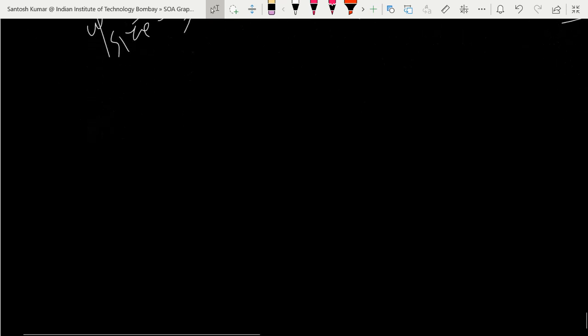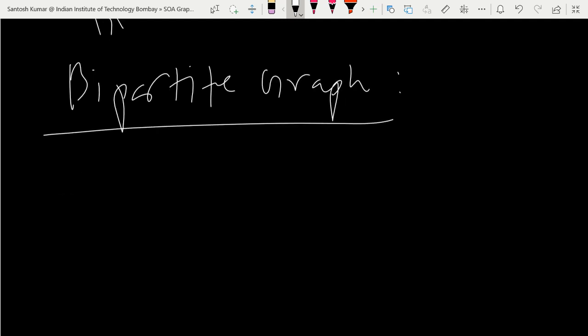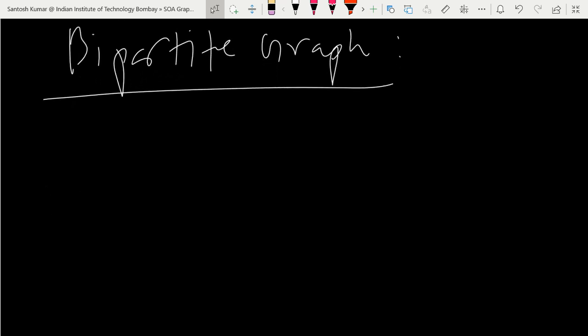Okay, so now, what is the definition of bipartite graph? Because this word will come in chapter 5 also, k-partite graph, I mean coloring of graph. We'll see there k-partite graph or k-colorable graph.